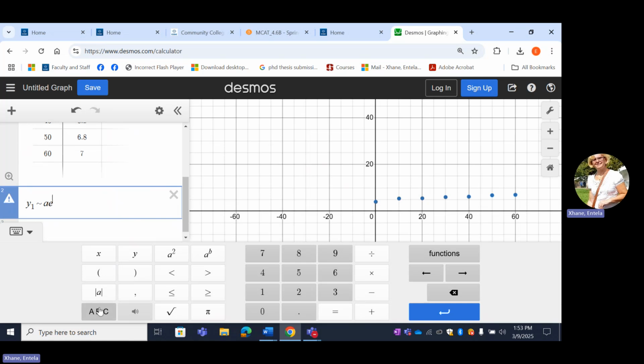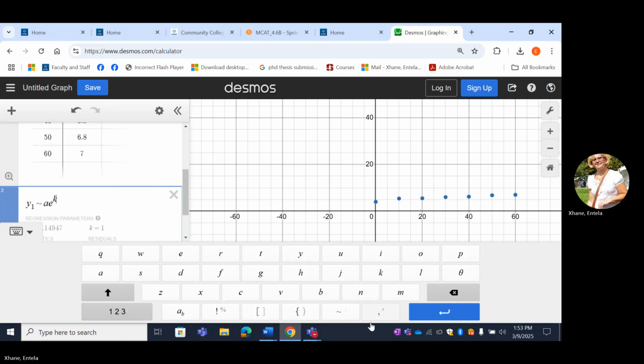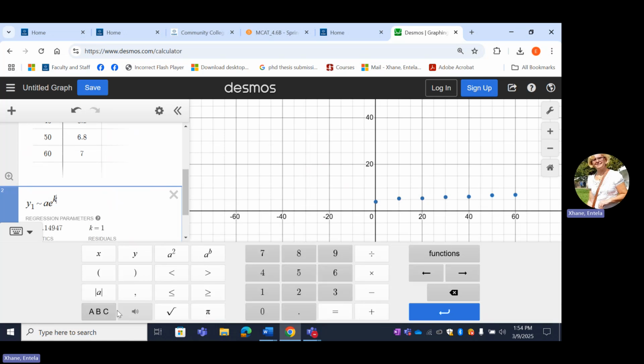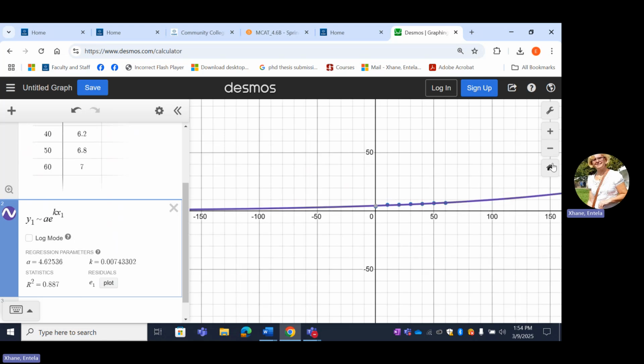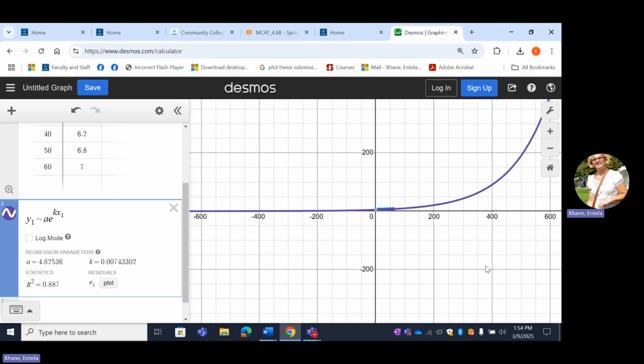K. And then, of course, your variable is x1, because y is related to x1. So x with the little one. And once you do this, let me move this keyboard, and now you see a graph, which is more likely an exponential graph.